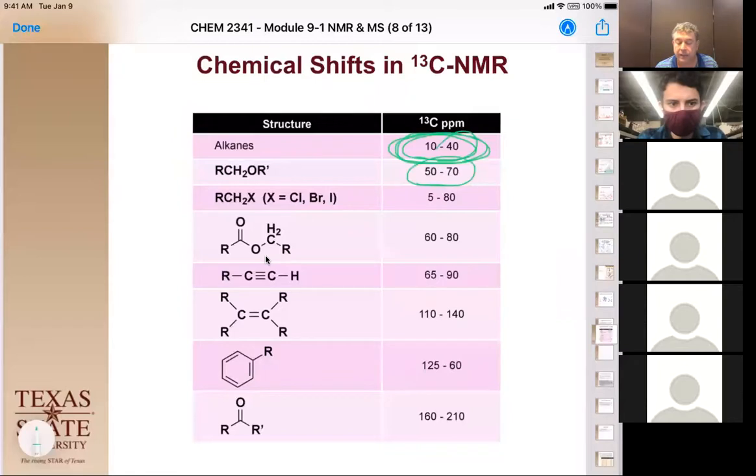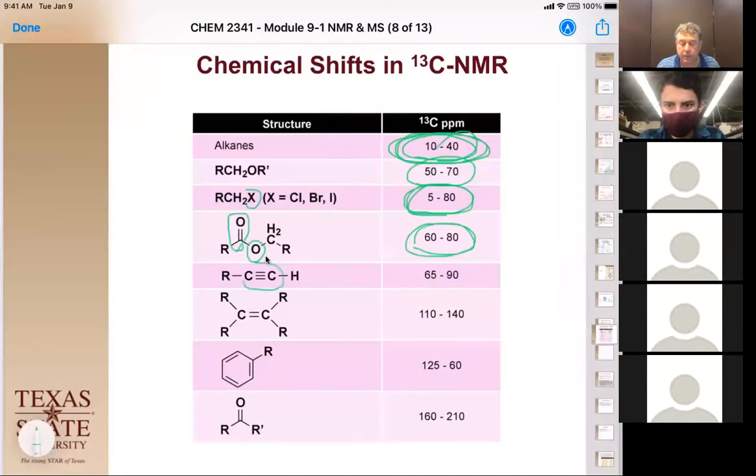When we add a halogen, we get a shift most of the time upward. Some halogens will shift it down. Iodine can occasionally shift it down, but usually these shifts go higher. Having an oxygen next to a carbonyl helps shift it even higher, just above where we would see it for an ether or an alcohol.